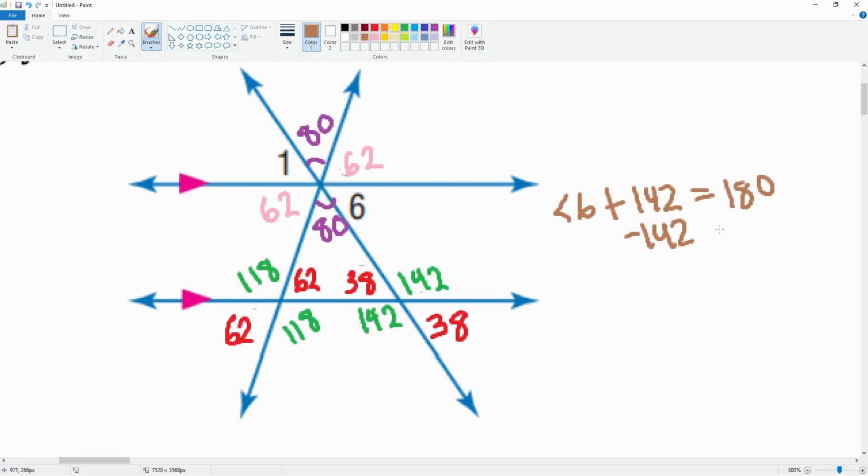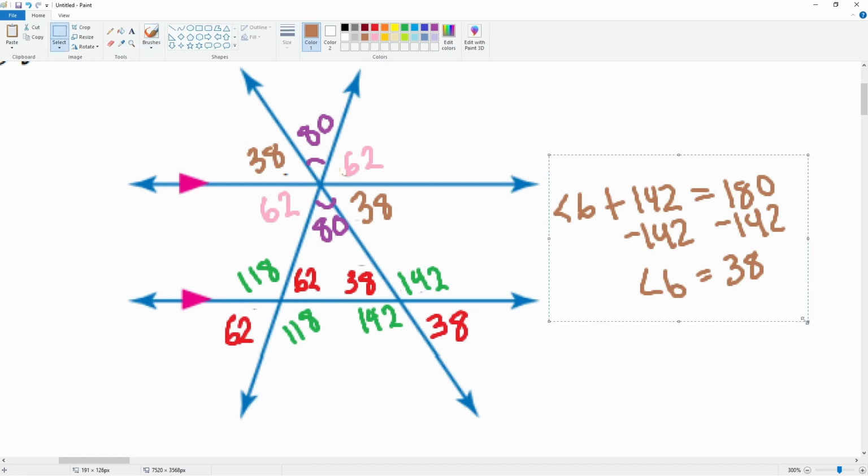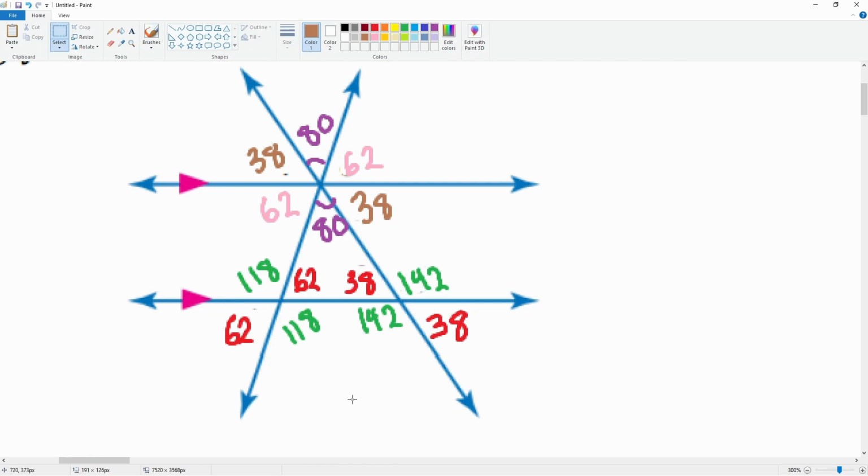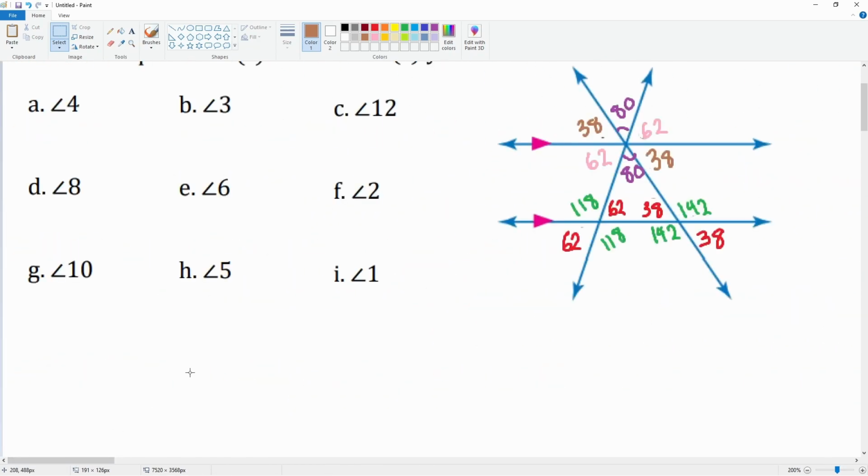Subtract 142 from both sides. We can say that angle 6 is 38. So we can erase this and then put 38. We can now erase angle 1 because based on vertical angles, it's also 38. So we can now use that to answer our question.